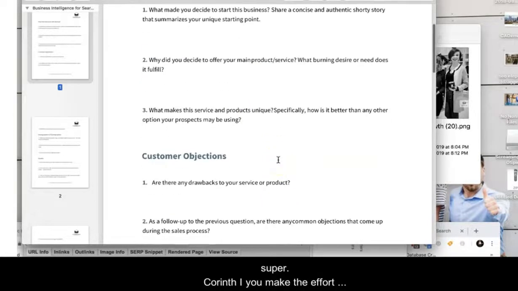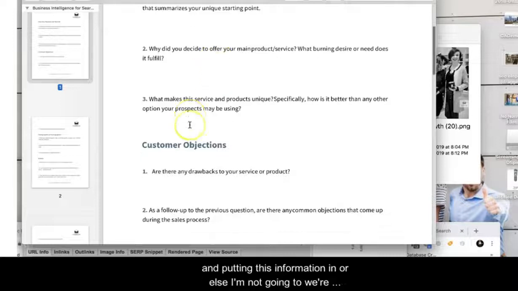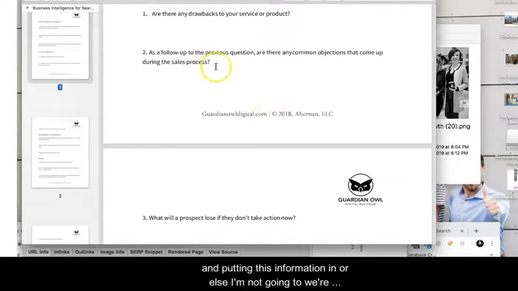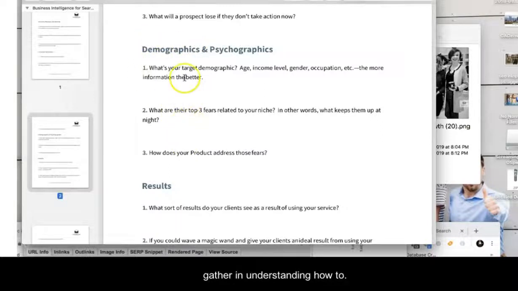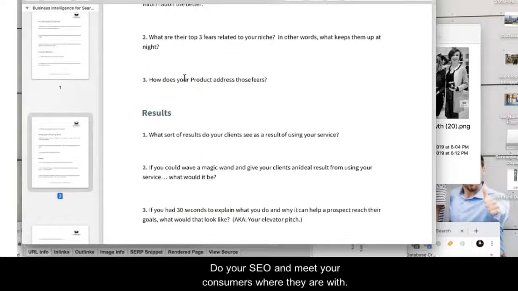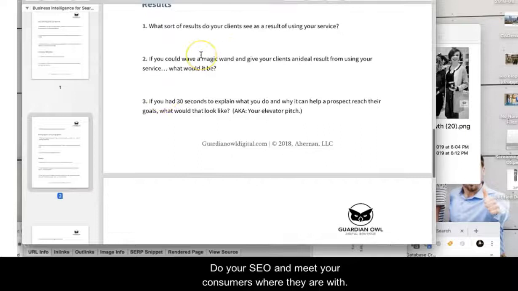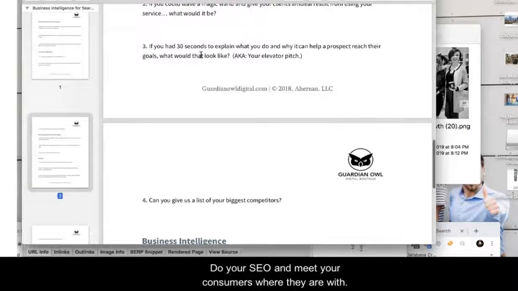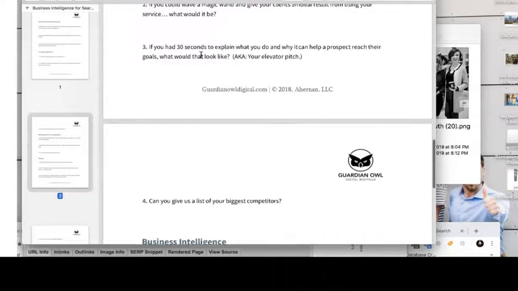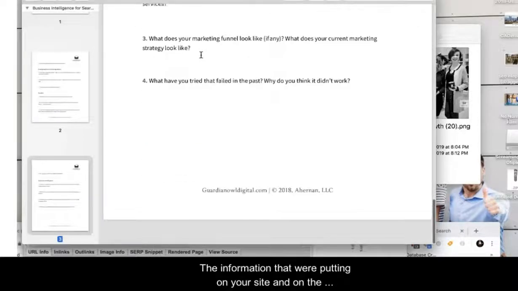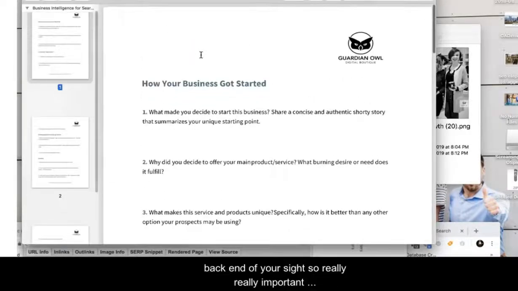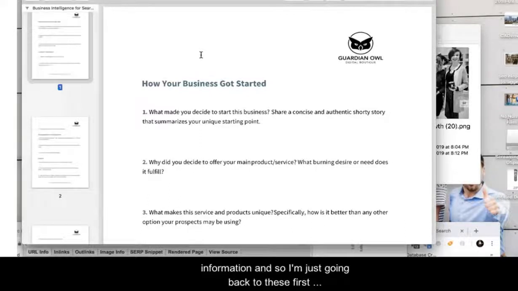So it's super important that you make the effort in putting this information in, or else we're not going to be able to walk through the information together in understanding how to do your SEO and meet your consumers where they are with the information that we're putting on your site and on the back end of your site. So really, really important information.